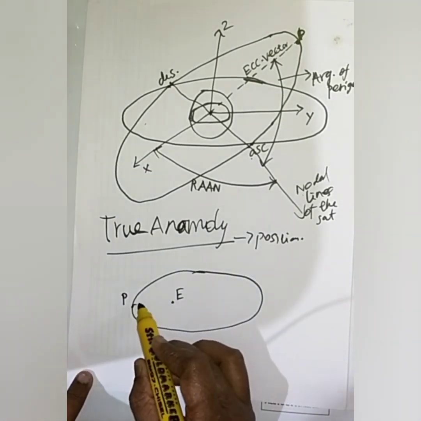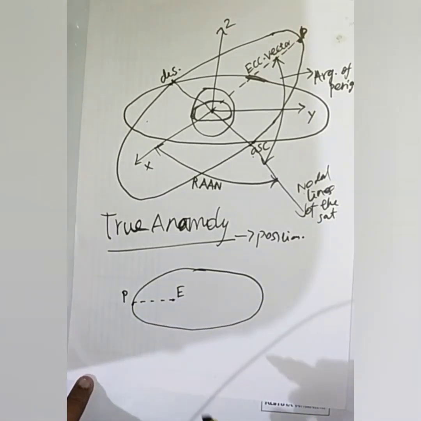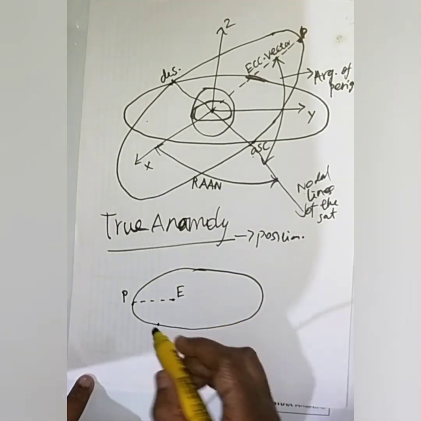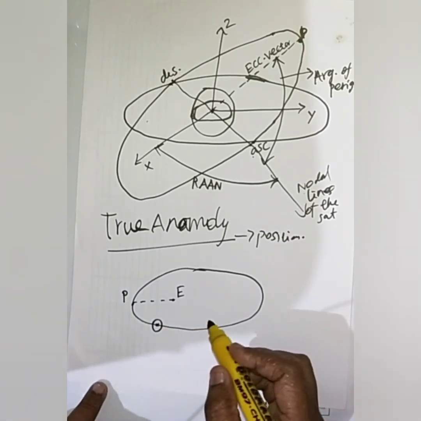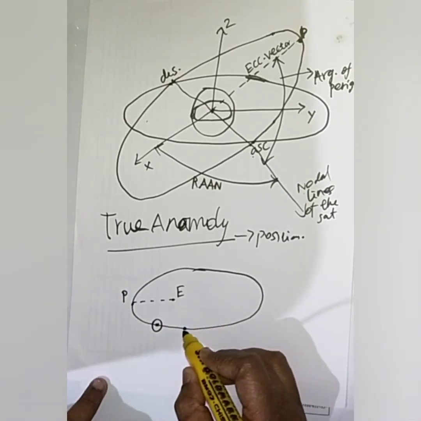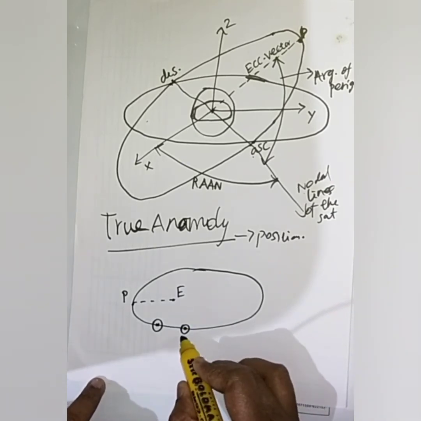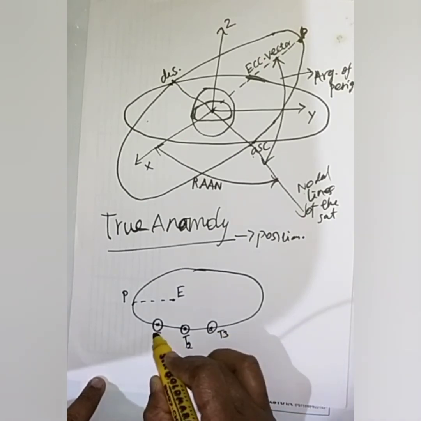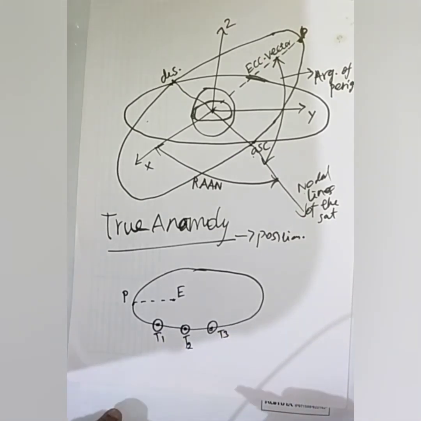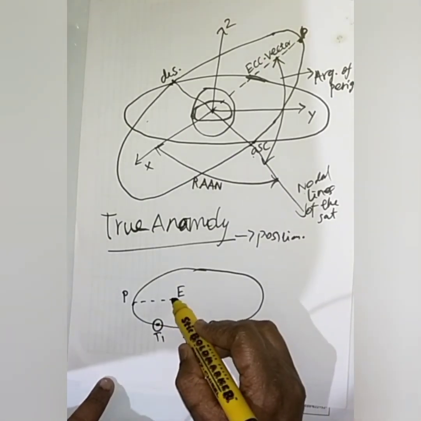At time t1 the satellite moves here, at time t2 the satellite will be moving here, and at time t3 the satellite is here. So this is the angle.